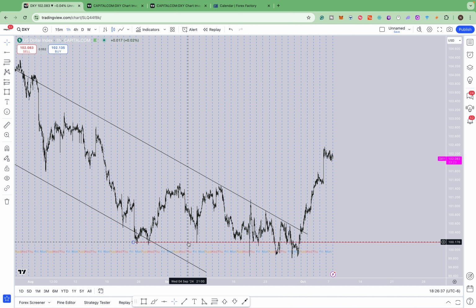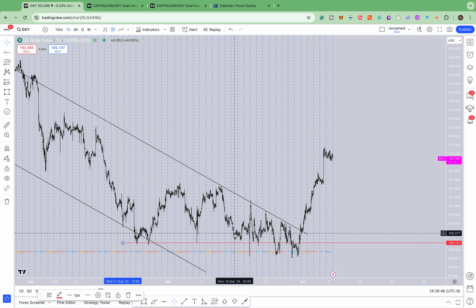What we do is we think, all right, everyone's going to be plotting their support level right here. What is the most likely scenario to happen if you were manipulating this market and you wanted to fake out the majority of traders? What are you going to do?